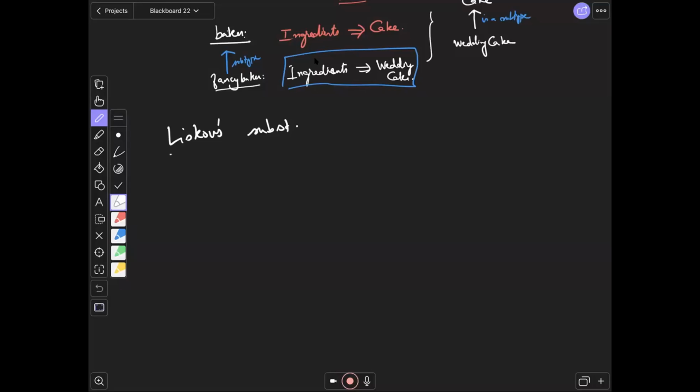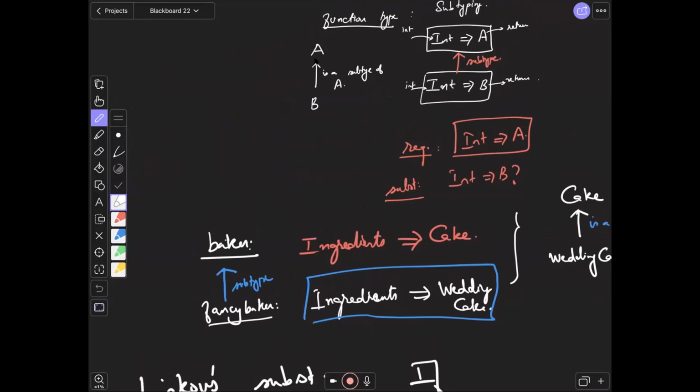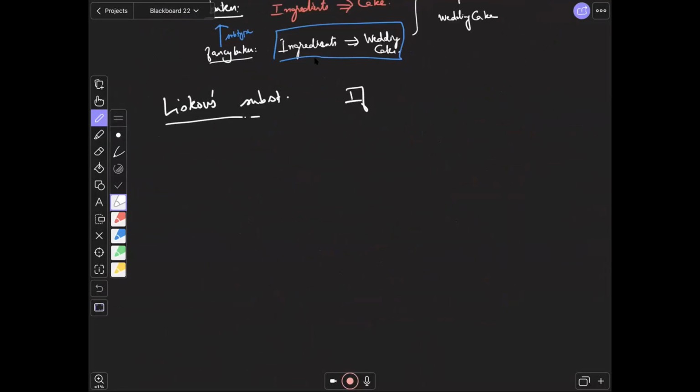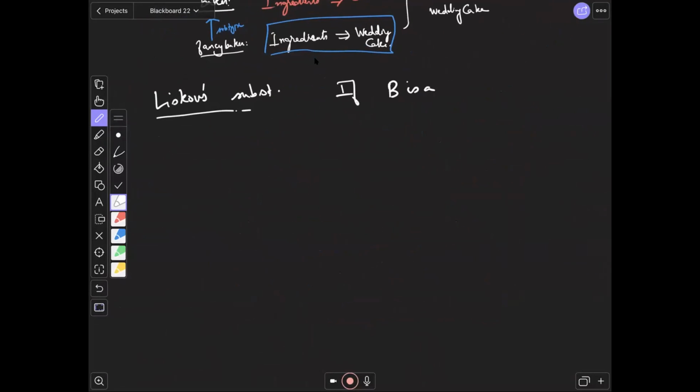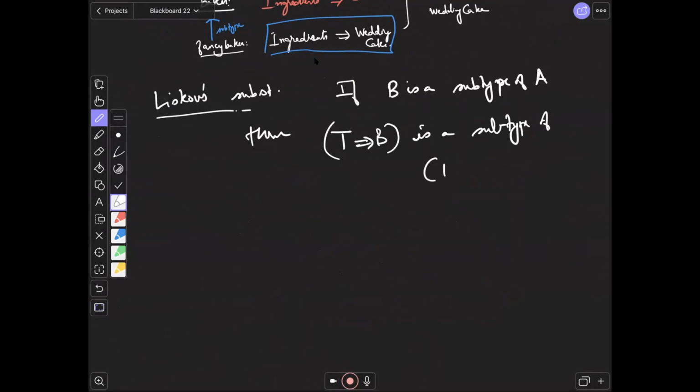If B is a subtype of A, then the function type T arrow B is a subtype of T arrow A. Good so far?